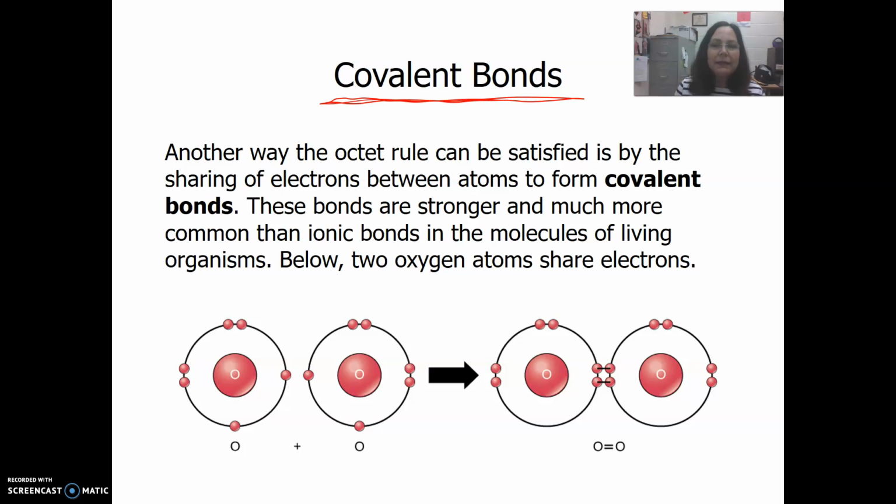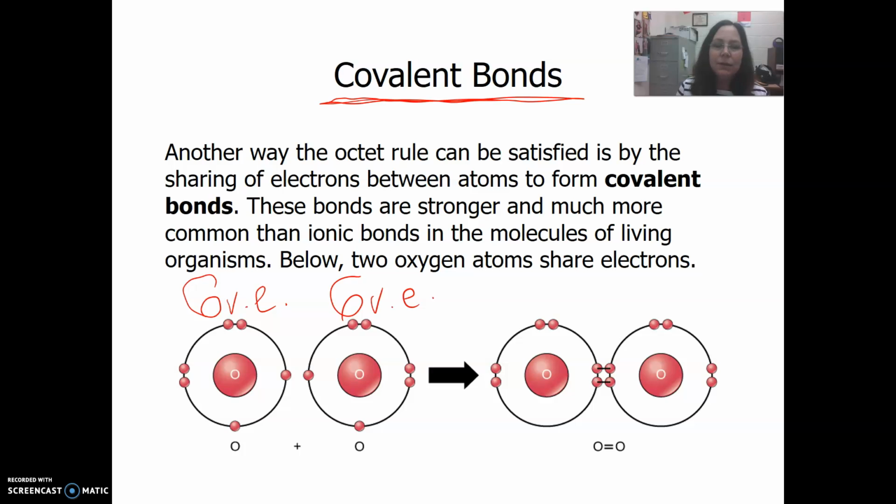So if you look at these 2 oxygen atoms on the left, each one of them has 6 valence electrons. So how many electrons does each of those oxygen atoms need? They each need 2 in order to have 8 in their valence shell, in order to fulfill the octet rule and become stable.